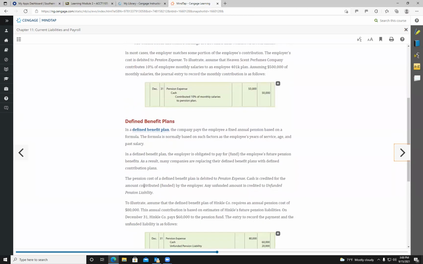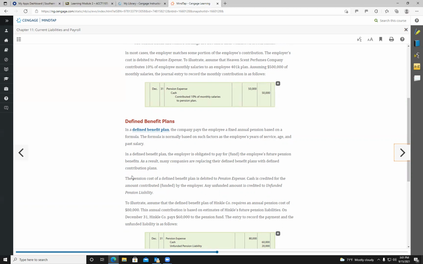Now, in a defined benefit plan, the company pays the employee a fixed annual pension based on a formula. The formula is normally based on the employee's years of service, their age, and their past salary. In a defined benefit plan, the employer is obligated to pay or fund the employee's future pension benefits.